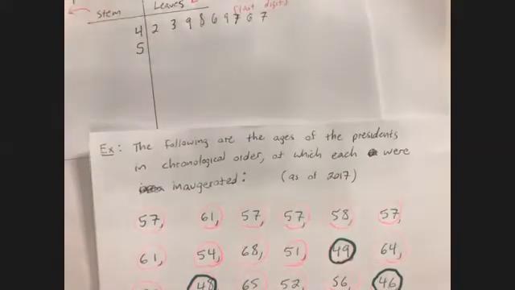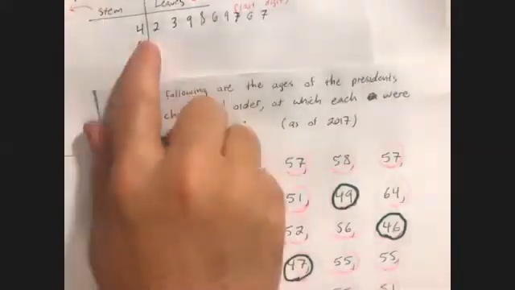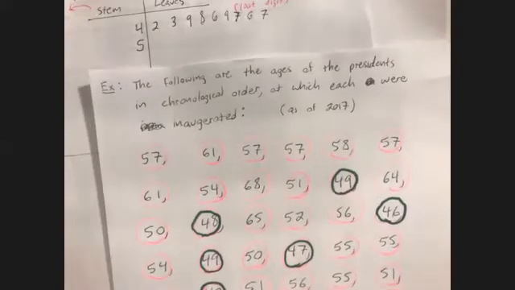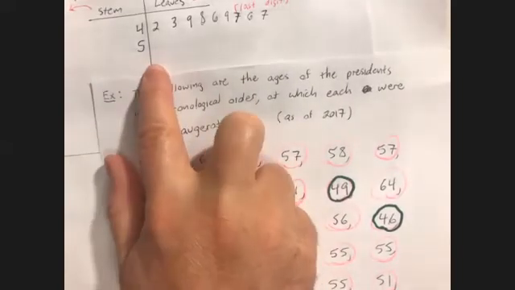What I'm doing is I put the tens digit, in this case, it only went up to 40, 50, 60, 70. And everything else, then we just keep going.